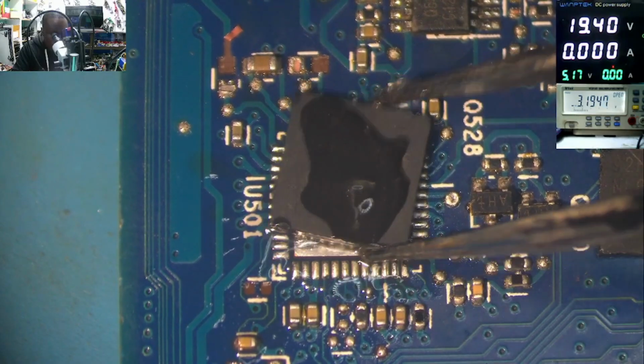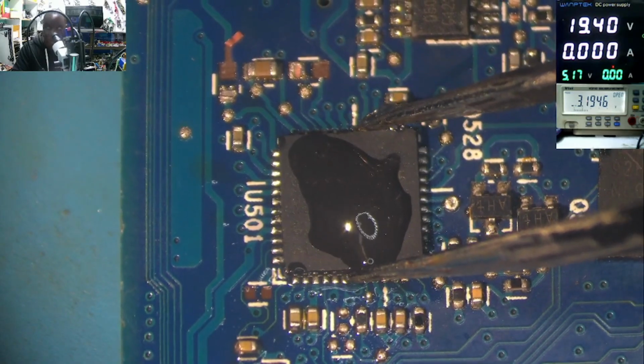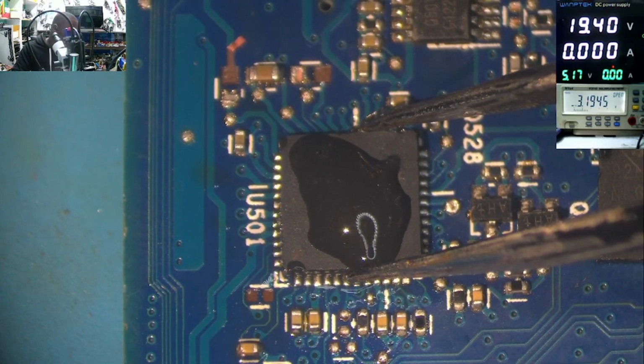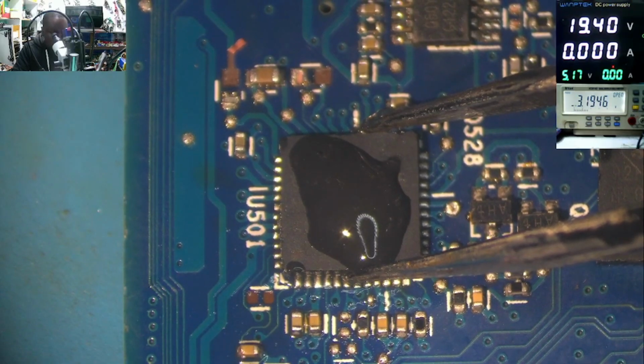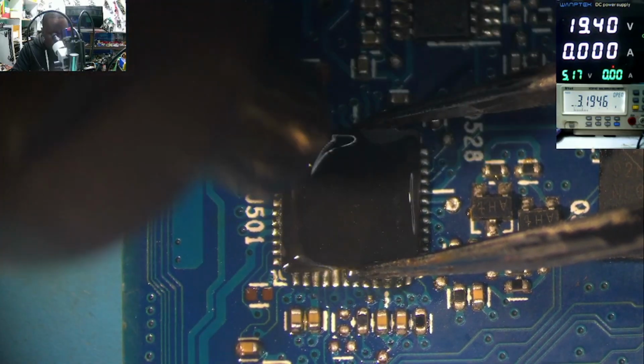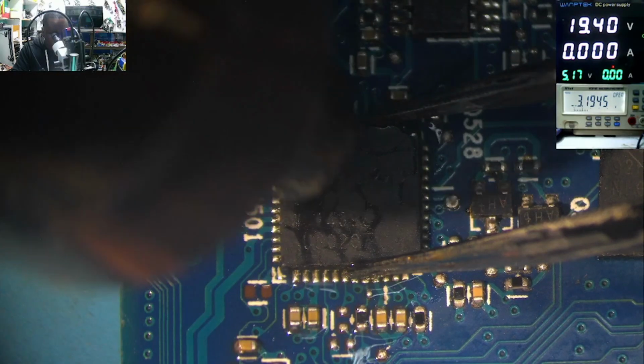We need proper alignment of this chip. There is nothing hard here.